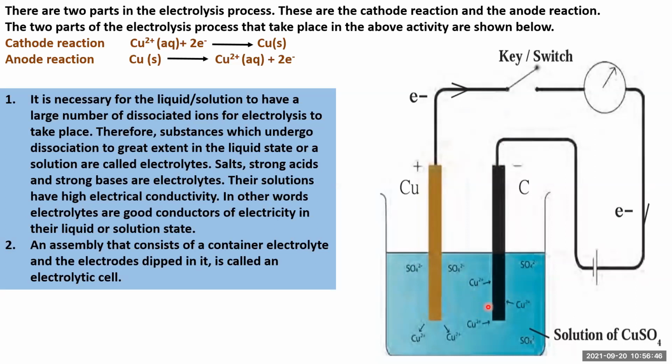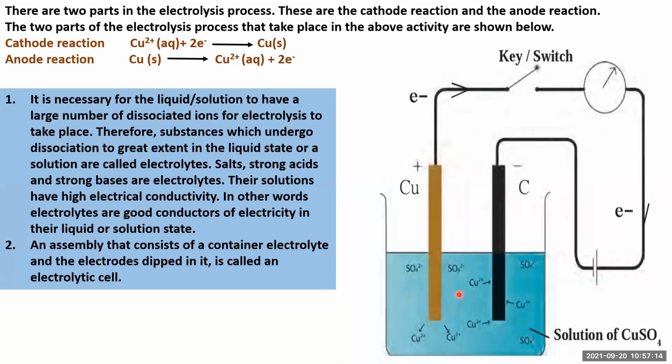Then these ions carry current towards the other electrode, and here the reaction that occurs is copper dissociating into two electrons. These two electrons are carried towards the positive terminal of the battery. In this way, the electrolysis process is complete.